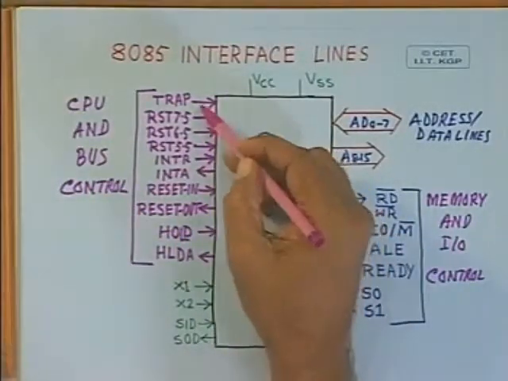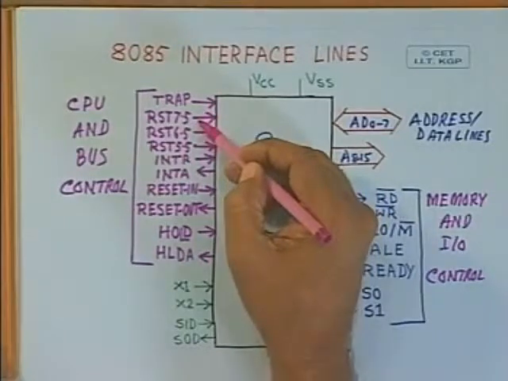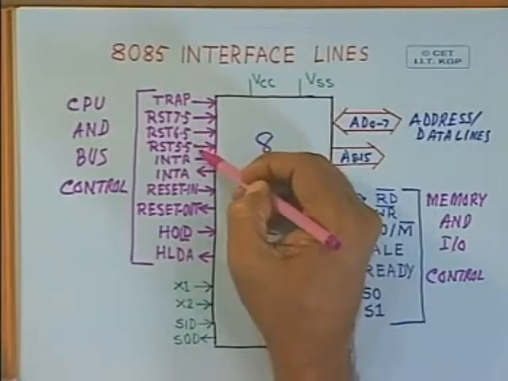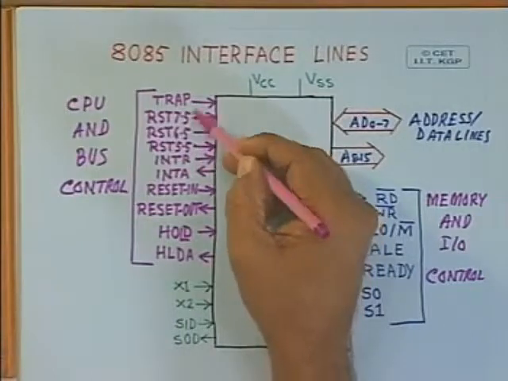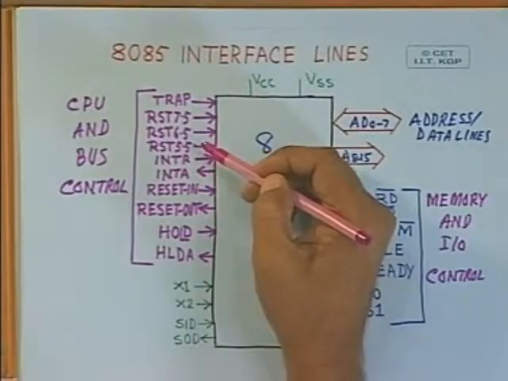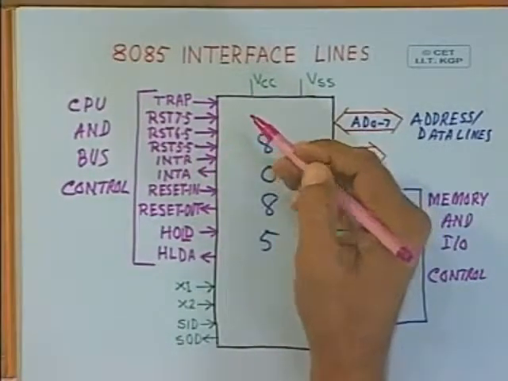All these lines, trap, RST 7.5, RST 6.5, RST 5.5, INTR, these are all interrupt inputs. So 8085 has got a very powerful interrupt structure, a number of interrupt lines. Later on we shall discuss in detail, and we shall see that a microprocessor must be provided with at least two interrupt inputs. One is known as non-maskable interrupt, which cannot be masked.